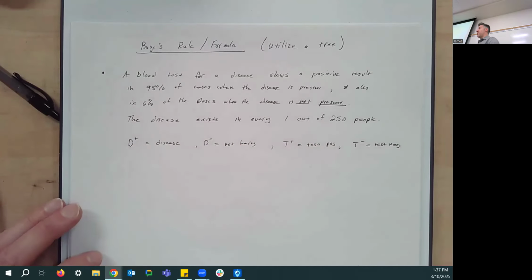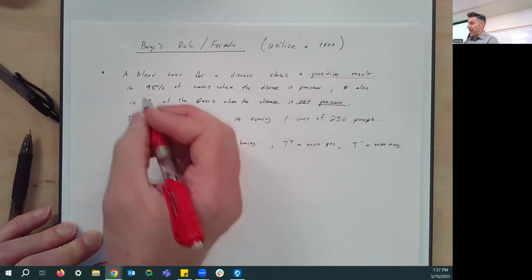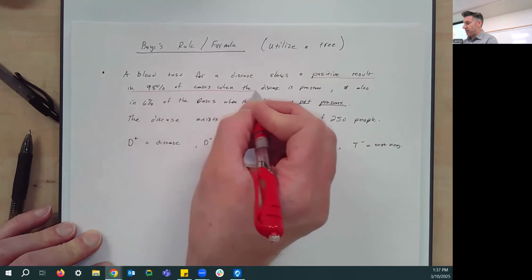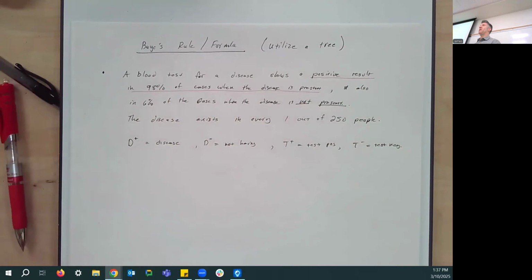And then we should write down what all the things they told us actually mean. So here's what they've told us so far. They told us we get a positive result, so a T positive, in 98% of the cases where the disease is present. It's really somewhat challenging to read that. Usually the "and" thing is the given thing. So they're saying if the disease is present, then we get a positive test 98% of the time.